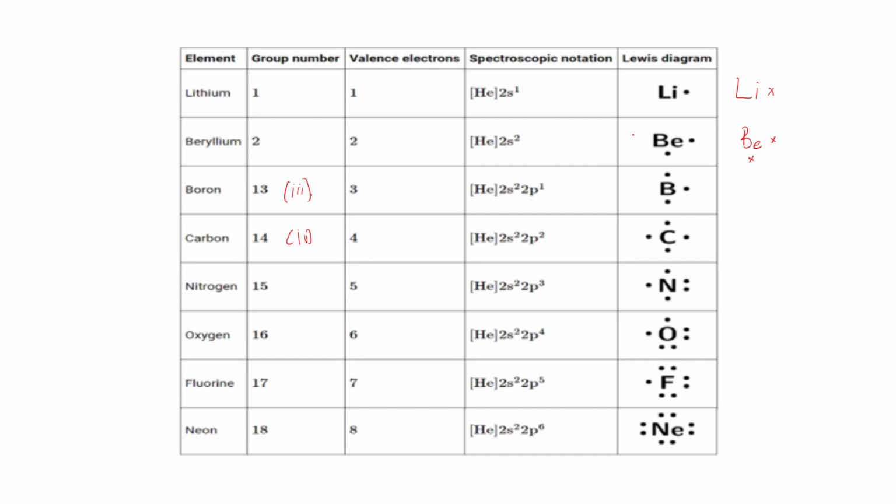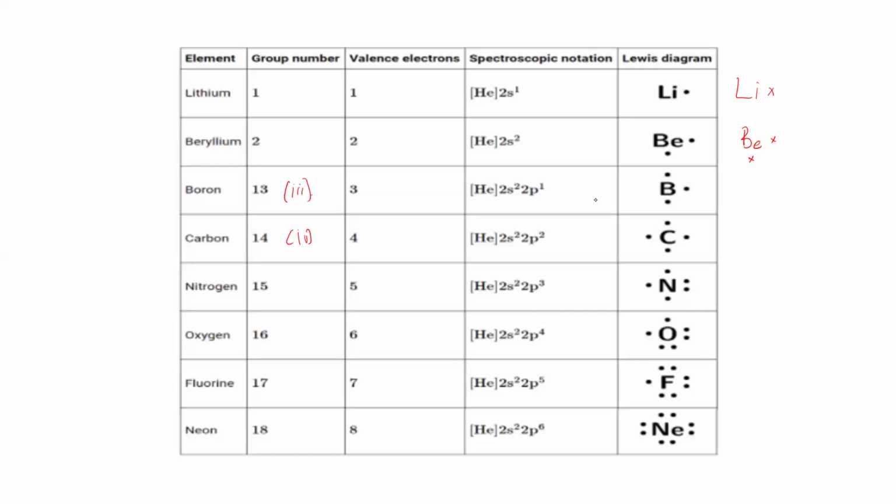And that is called the octet rule. There are atoms that are supposed to obey the octet rule for them to be stable. Like I said, metals will donate the electrons and non-metals will accept the electrons.